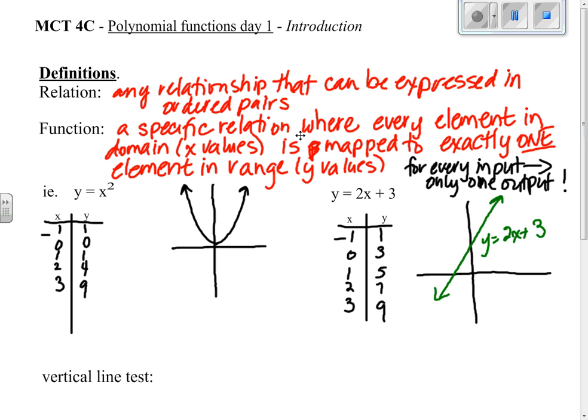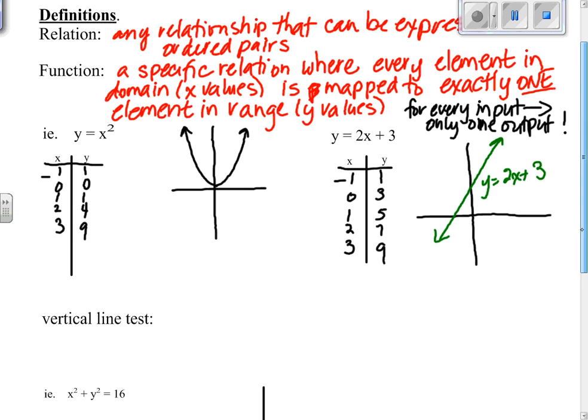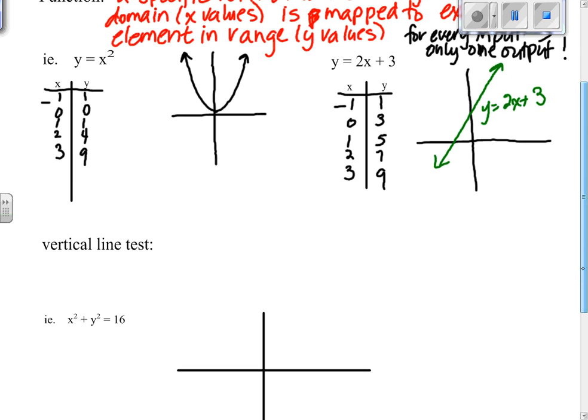Another way of determining if something is a function, besides just looking for exactly one answer for every input, is the vertical line test.